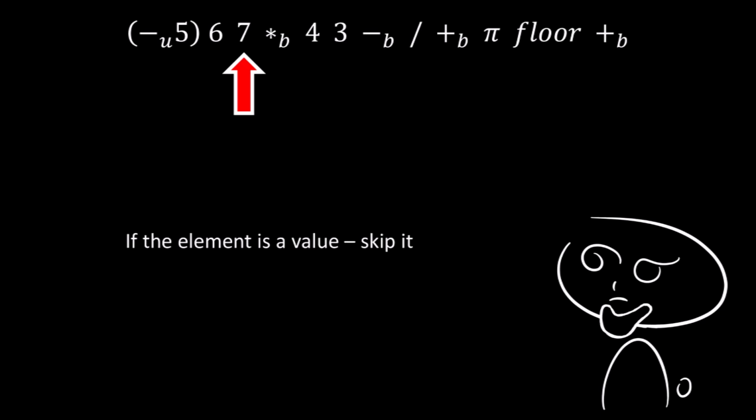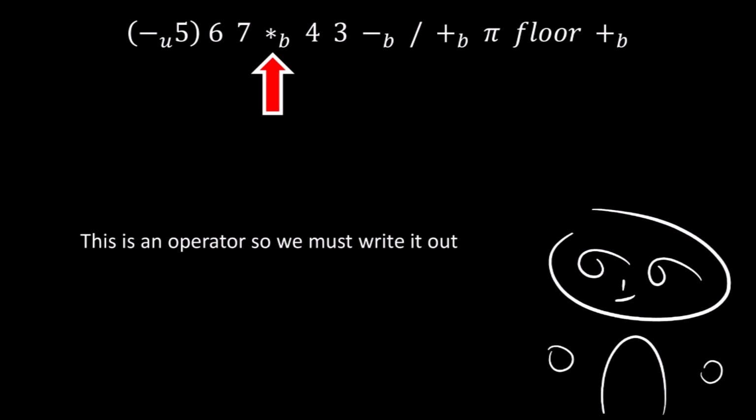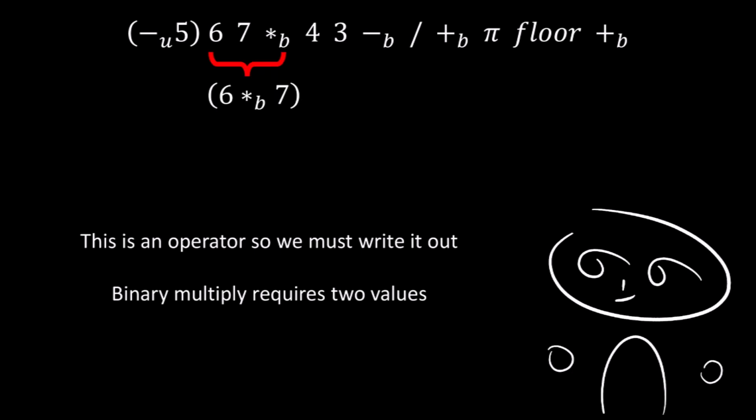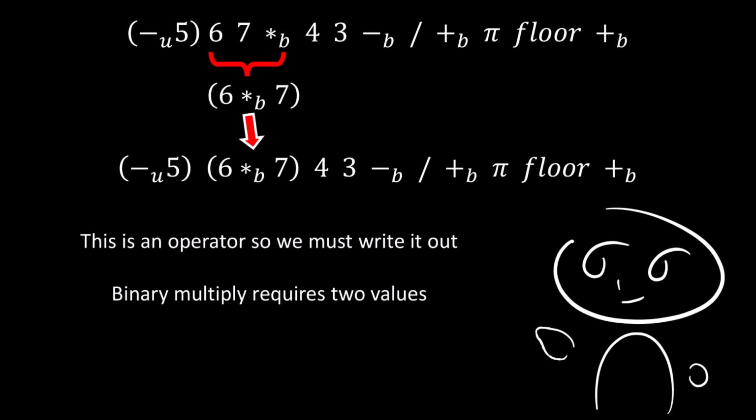Then 7, again we skip. And then we find a binary multiplication operator. Binary multiplication requires 2 values. So what this means is we take the 6 and the 7 that we skipped over previously and we write it out. So we have 6 multiplied by 7. We then insert that back into our reverse Polish.